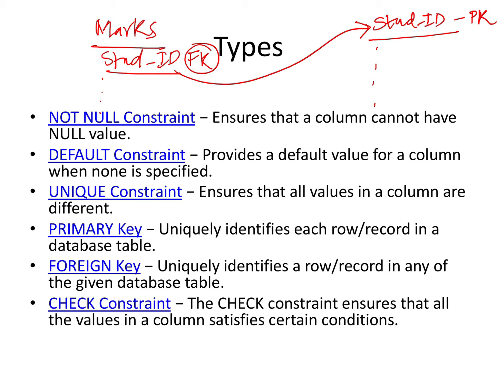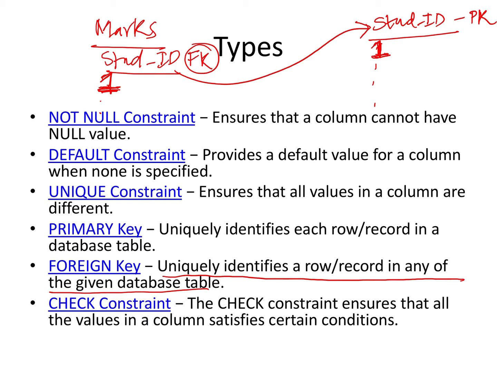So roll number 1 here is the same student as roll number 1 in the other table. Both are referring to the same student. So this is what a foreign key is: it uniquely identifies a row or a record in any other table.